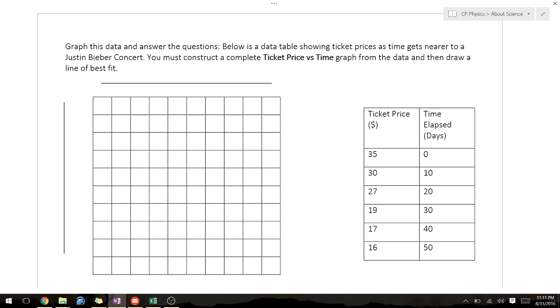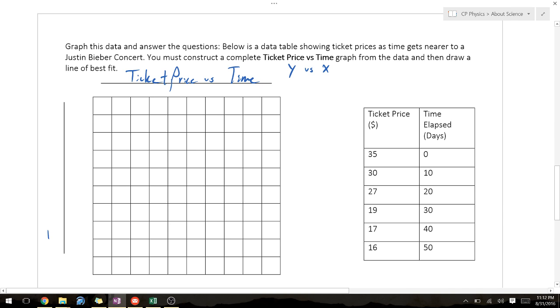The first thing to mention is that when I give you a title, it is always going to be Y versus X. That's usually the general way titles will get constructed. So that's the first thing that we can write down. Next, we already have our labels, so we can write those down as well.